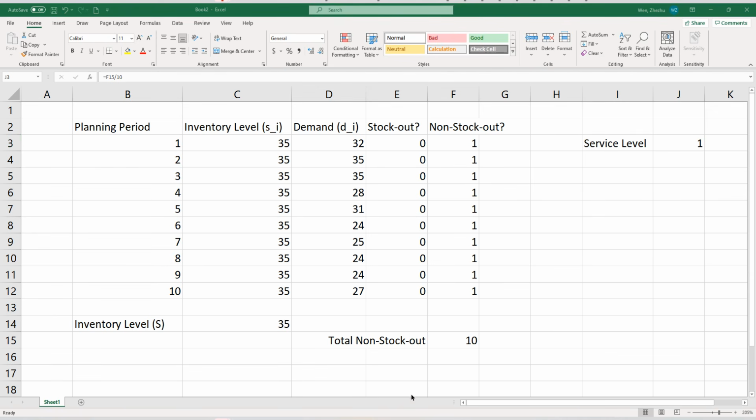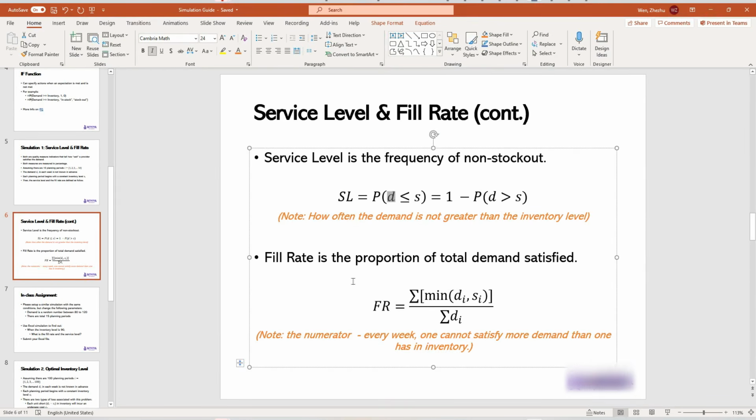The fill rate, as you may recall, is defined as the proportion of total demand satisfied. So before we jump into Excel and start to calculate it, let's figure out the meaning of this.